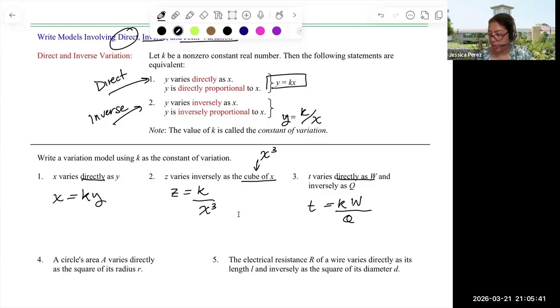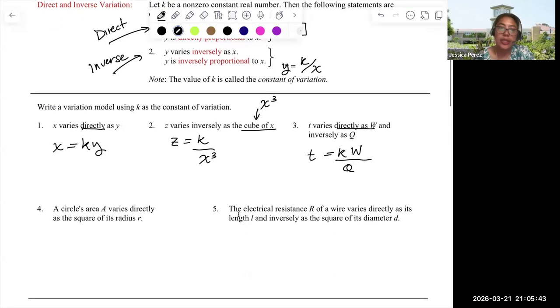Now question 4 is a little bit more challenging because it's saying a circle's area A varies directly as the square of its radius r. So normally the area of a circle is pi r squared. But in this case, we don't have pi.